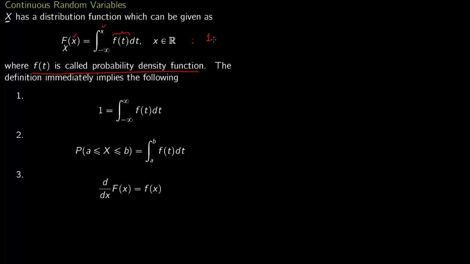You already know that 1 is equal to limit of x goes to infinity of F of x, and this you can write as limit of x goes to infinity of the integral from minus infinity to x of f of t dt. So this side we are writing like this. So this x we write as infinity, which basically means limit of x goes to infinity, and this one we write here.